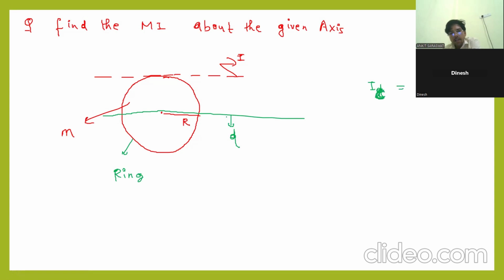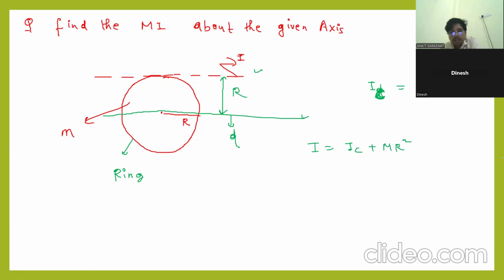Our main objective is the axes which are parallel. One of the axes must pass through the center, and both axes must be parallel. Here distance is r. It will be IC plus MR square.